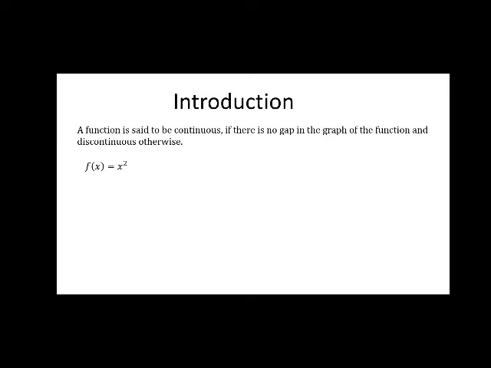So we know for f(x) equals x square, there is no gap, and the graph of the function looks something like this. So you can see it is a continuous graph extending for all the values of x, so there is no gap. So therefore this is one example of a continuous function.